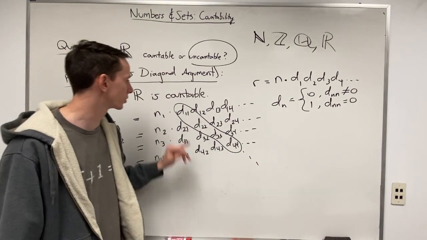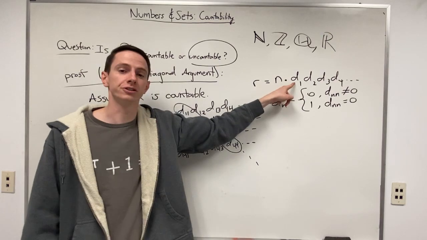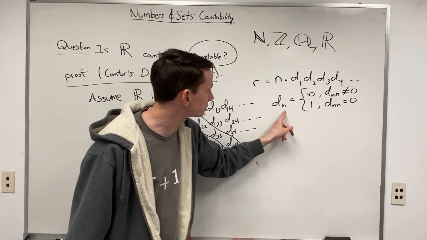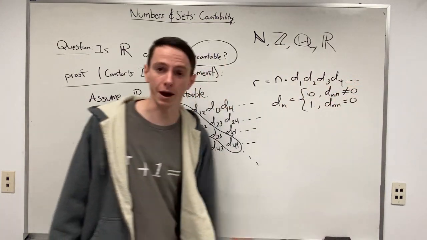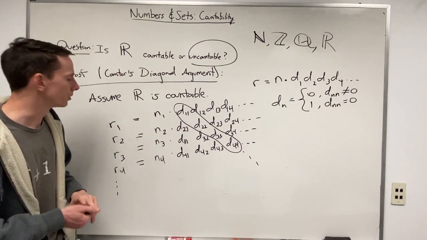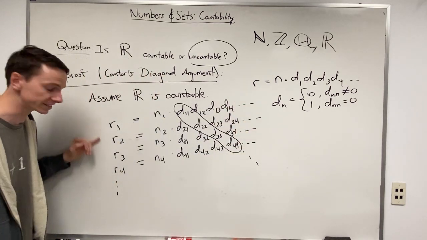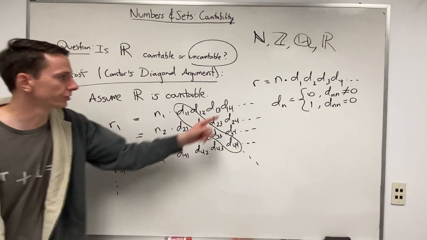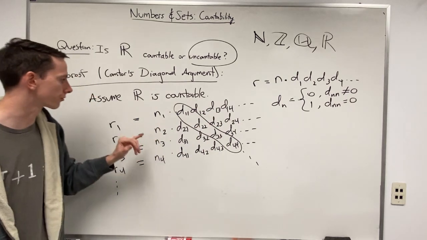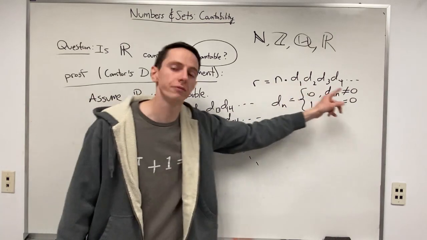And then just vice versa. If this first digit is equal to 0, we're going to set this first digit to be anything but 0. So we're going to set it to the number 1. And we're going to do that for every single digit after the decimal point. And what that does is that says that no matter where we try to fit this real number r into this supposed list, this real number r is guaranteed to differ from any of the real numbers in this list by at least one of the digits.